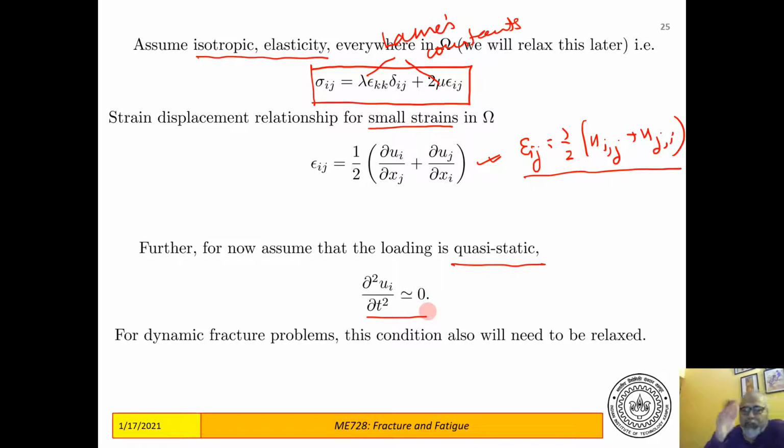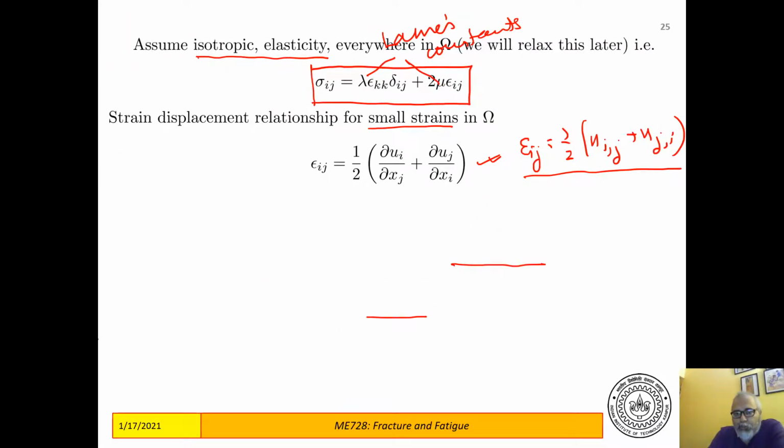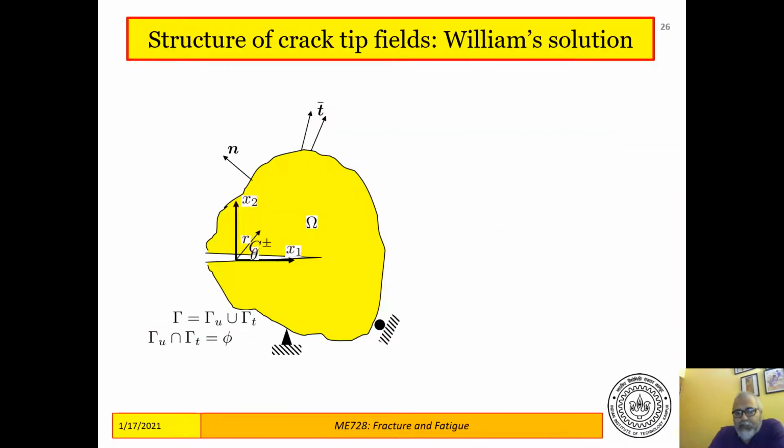And later, if we have time to do dynamic fracture problems, we'll relax this and see how it affects the solution. For right now, the equilibrium equation will be handled without the right-hand side term. We are going to assume that the crack grows not very fast, and the loadings and displacements applied also don't vary much with time.